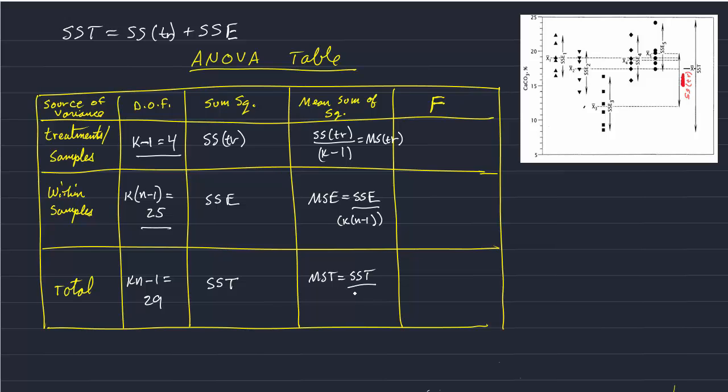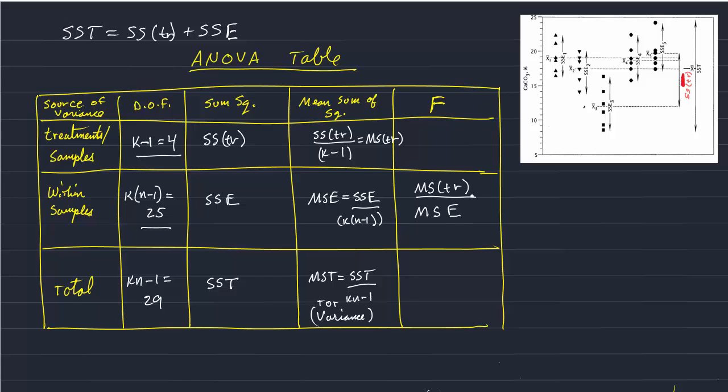This gives the total variance. And then for F, we're going to take the ratio of the mean sum of square deviations associated with sampling divided by MSE.